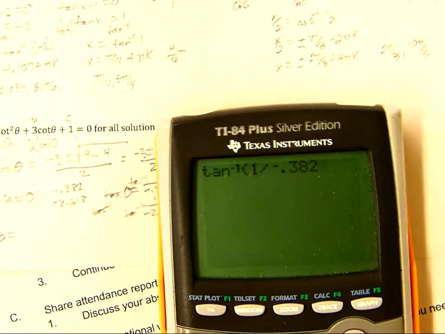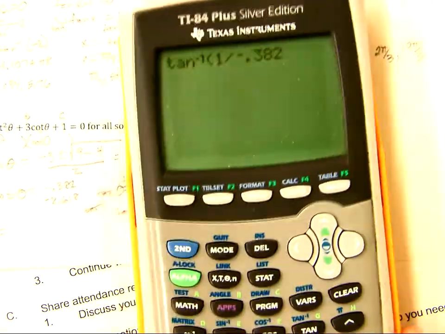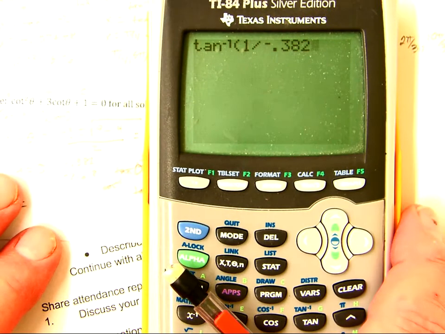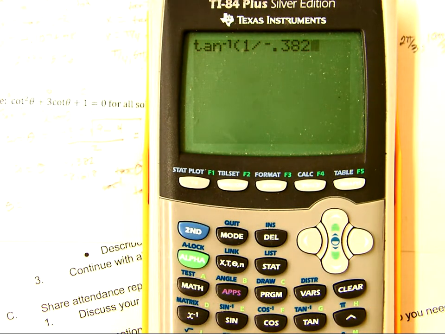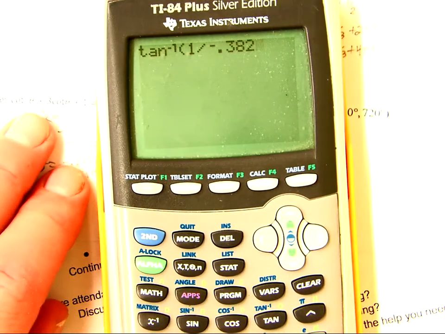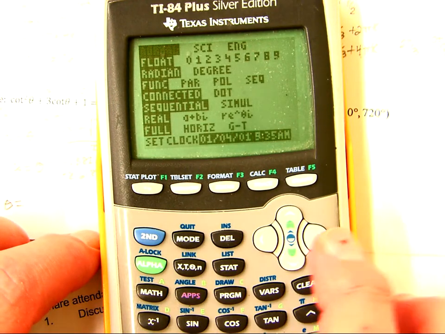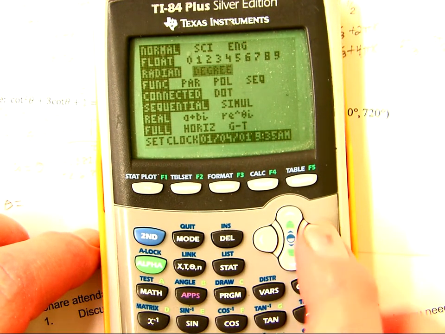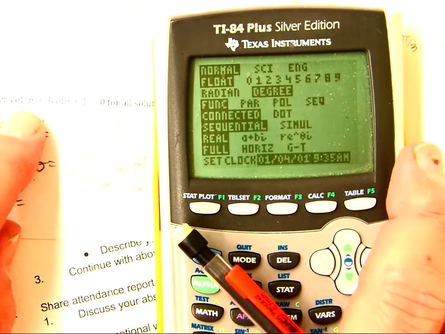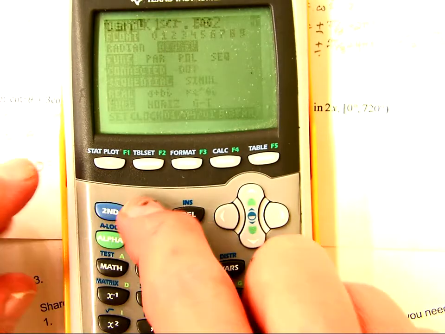You can see that on there. Inverse tangent of 1 divided by negative 0.382. Since it says theta here, we want to be in degrees. So before I do this, I'm going to hit my mode and make sure it says degrees. Remember, whenever you see theta, you're in degrees.